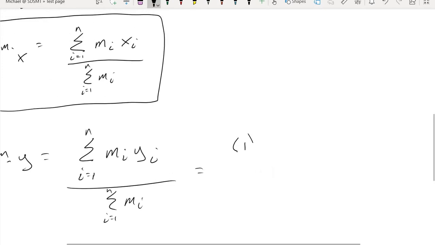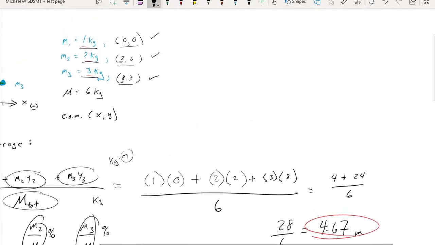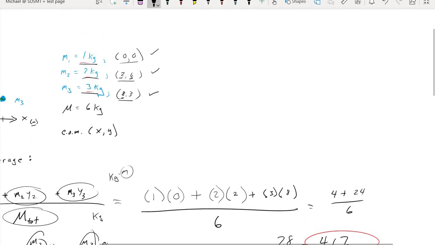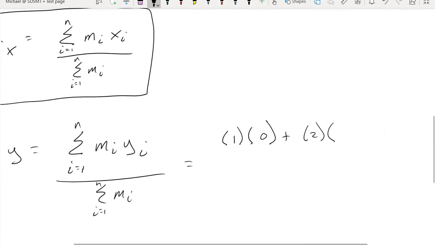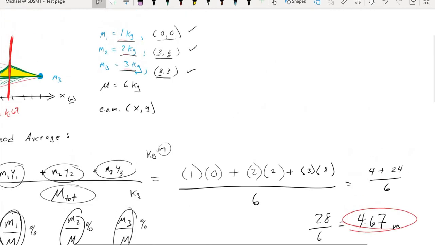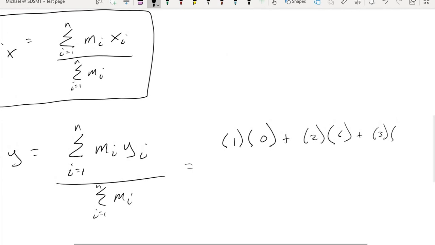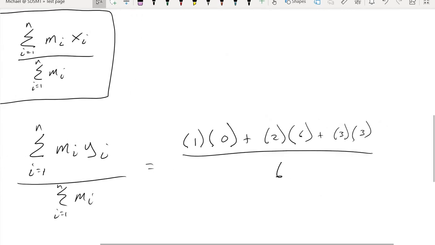Mass 1 was 1. The y value of mass 1 was at the origin, so that's 0. Mass 2 was 2. Mass 2 had a y component of 6. Mass 3 was 3 kilograms, and it had a y component of 3. All divided by 6.